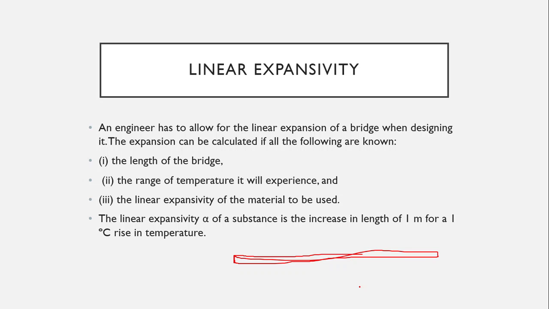So if we take a 1 meter rod of some metal, how much is its length going to change when it is exposed to only a 1 degree rise in temperature? That is linear expansivity, or alpha.